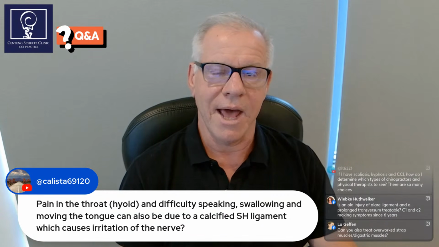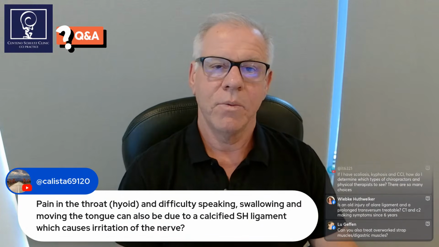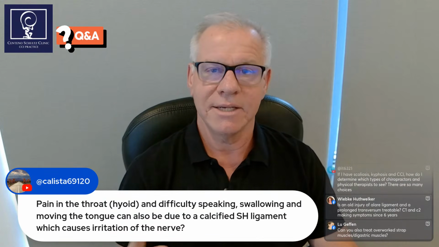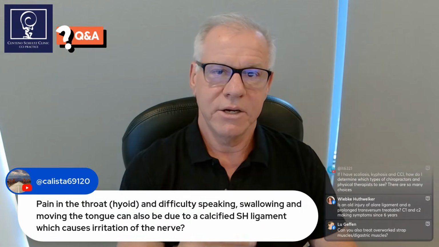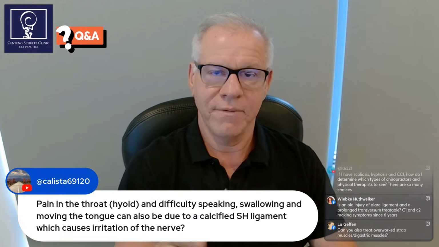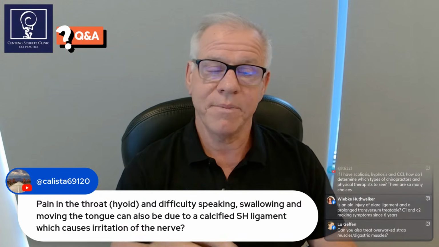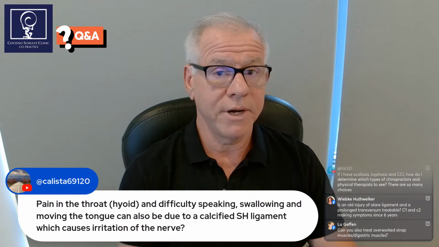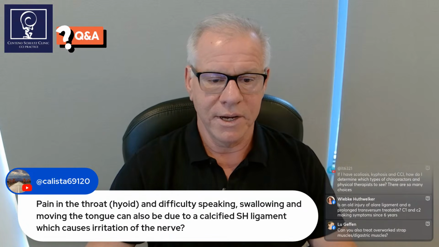Again, let me repeat that. 20 times more people with a calcified elongated styloid due to a calcified ligament do not, I'll say it again, do not have symptoms. So it's not the calcification, it's not the long styloid, it's something else. Usually the something else is craniocervical instability plus the long styloid.